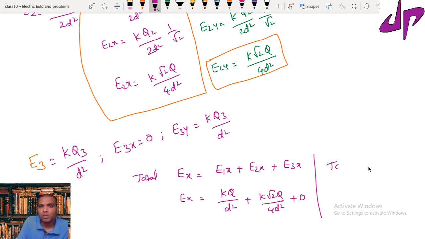Similarly, total along the y component equals E1y plus E2y plus E3y.